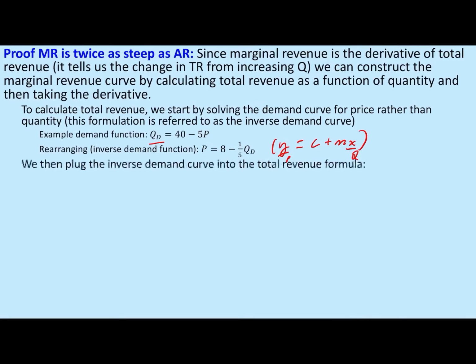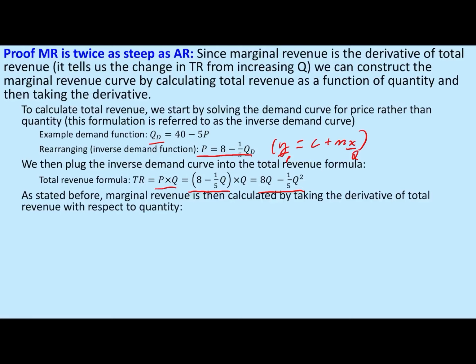We can then plug this inverse demand curve into the total revenue formula. We know total revenue equals price times quantity. We also know from looking here, price in this case is equal to 8 minus 1/5 QD. So by substituting that in for price, we get total revenue equals 8Q minus 1/5 Q squared.